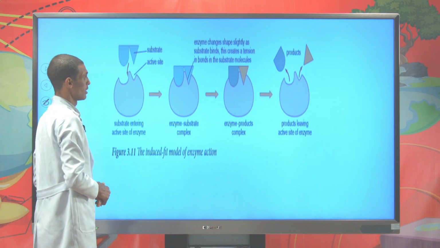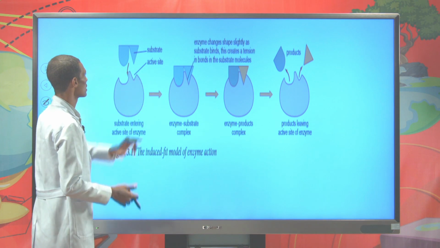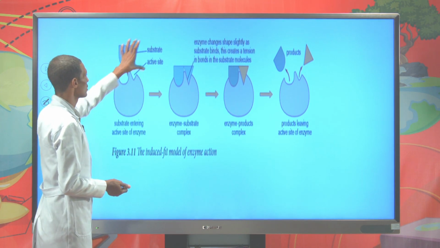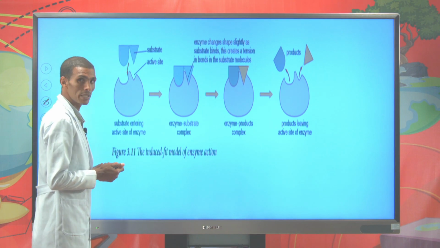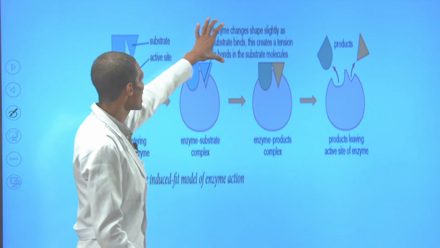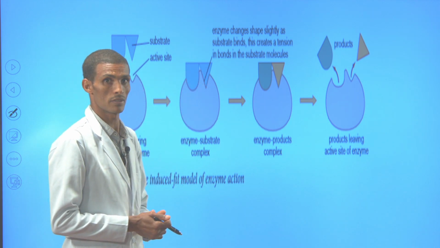Let's look at this diagram. Here, there is substrate, there is enzyme. The thing that reduces activation energy is not their complementary binding. They are not complementary. The main thing is that the binding of enzyme and substrate brings the active site under tension.